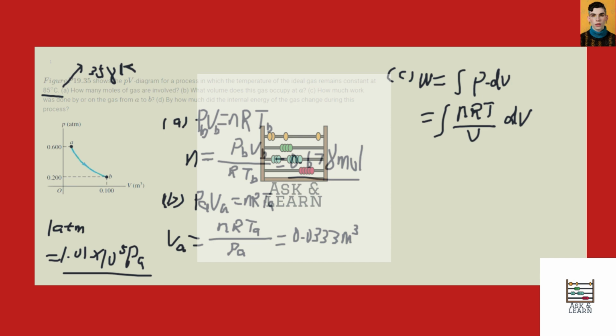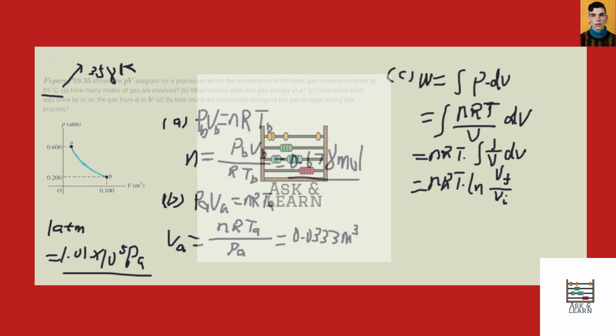Because T is a constant here, we can move the numerator out of this integral. Equal to nRT times the integral of 1 over V dV, right? So equal to nRT times log Vf over Vi, and this log is a natural log.